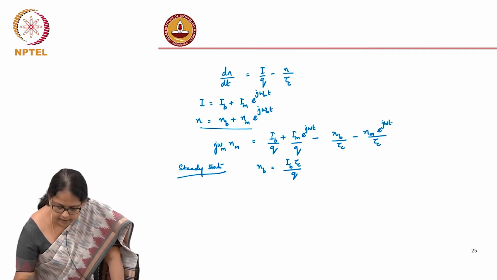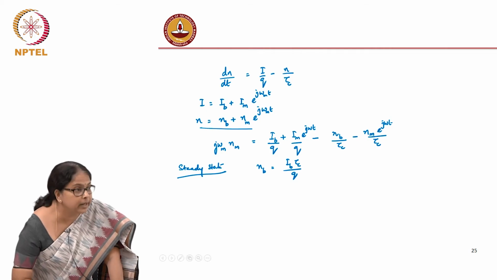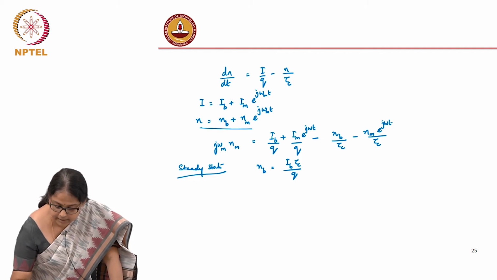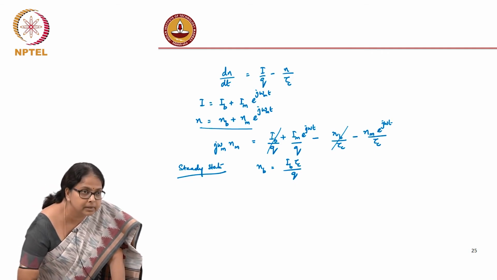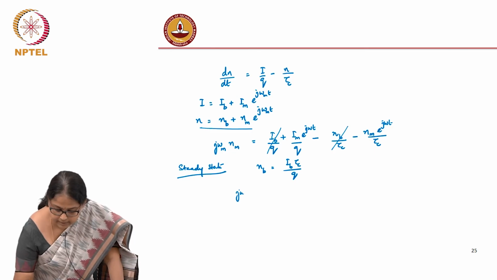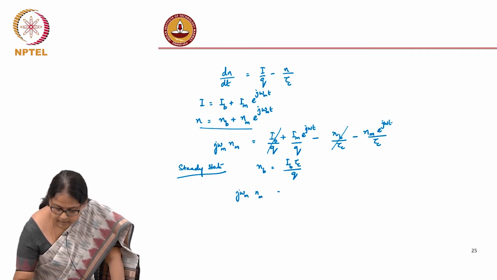And if I equate the terms on each side which has omega m, because Nb is equal to Ib tau c by q, this term and this term will actually cancel because that is the steady state value. What I would end up is j omega m Nm is equal to Im by q. Well, I missed an e power j omega mt here.